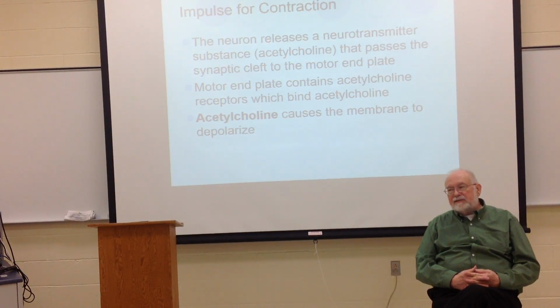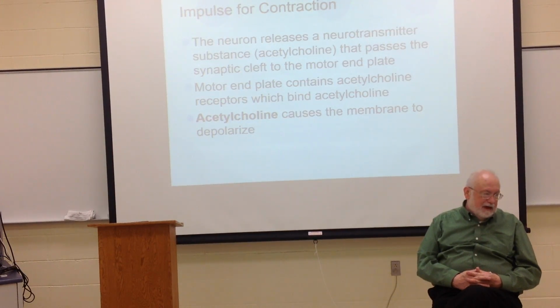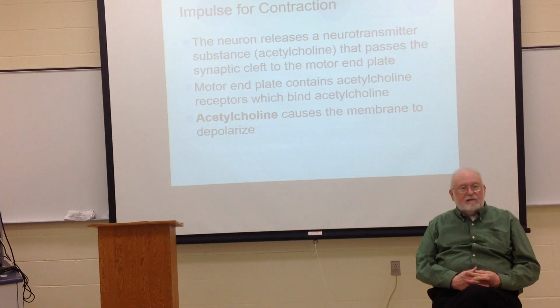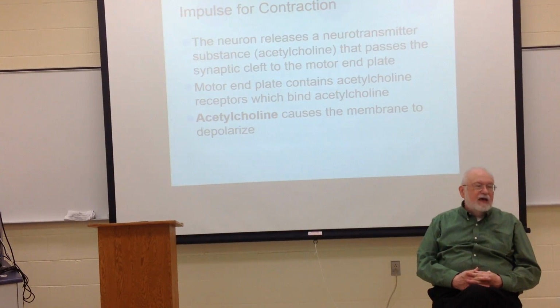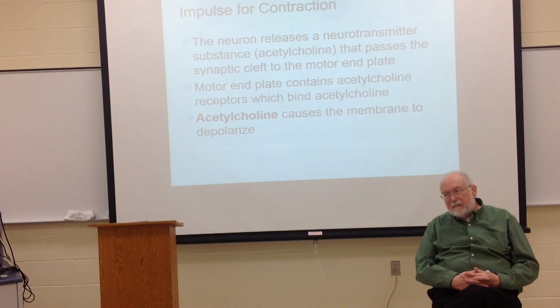So, if you want the muscle to contract, you've got to get the nerve to release the acetylcholine. All right? That's simple enough. Now, acetylcholine goes across the synaptic cleft, combines with the acetylcholine receptors, which are transmembrane proteins you find embedded in the membrane at that motor end plate location. All right? Everybody with us so far?